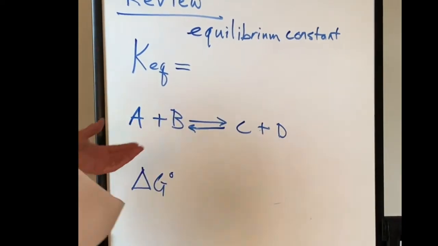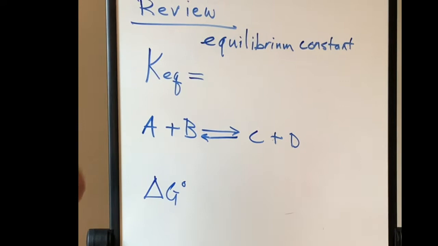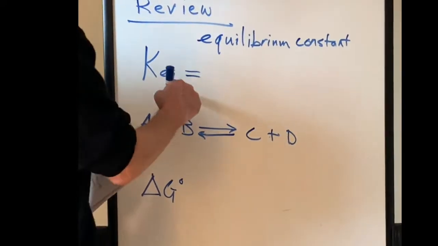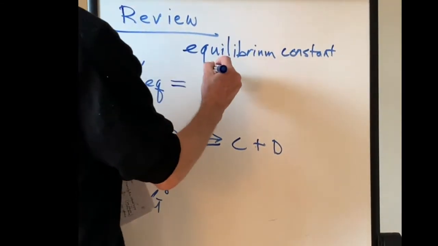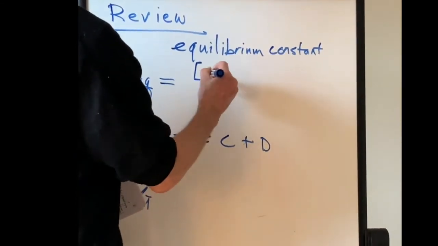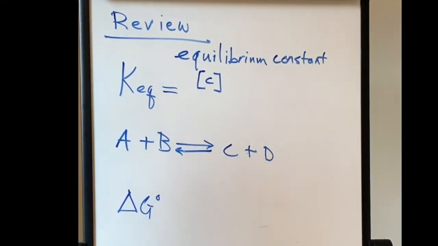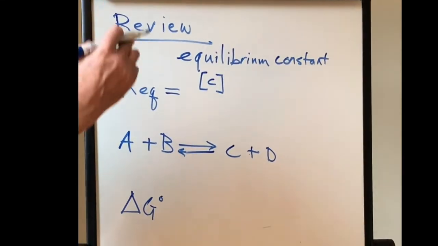A and B might react and form C and D, and C and D might react and go back and form A and B. Both processes are happening. We invent a quantity that has the molar concentrations of products. Molar concentration is encoded with the square brackets.